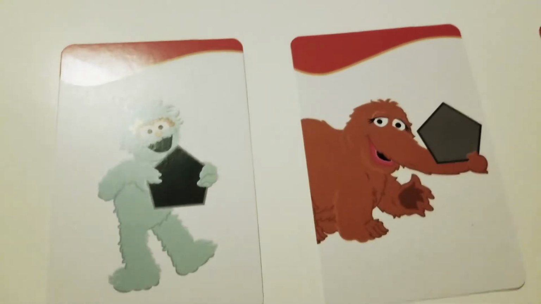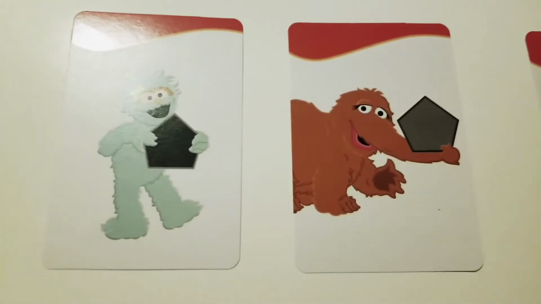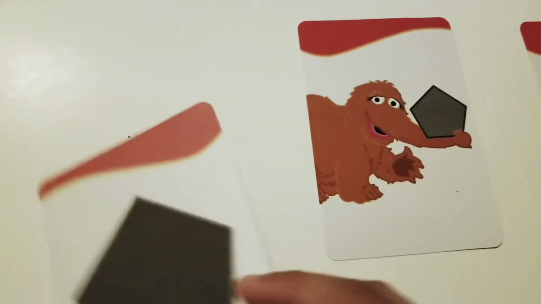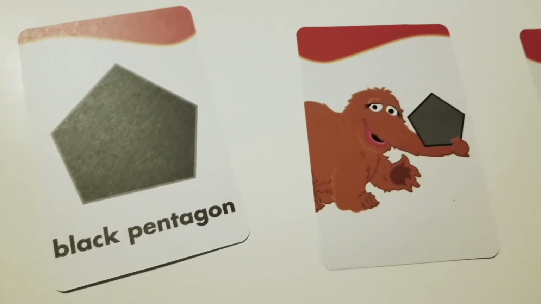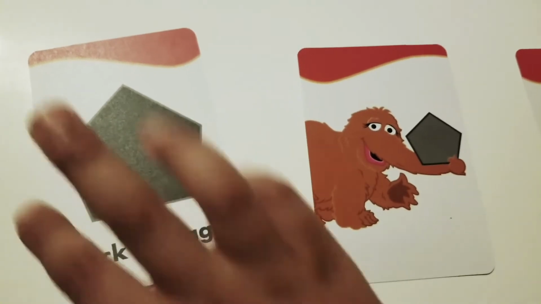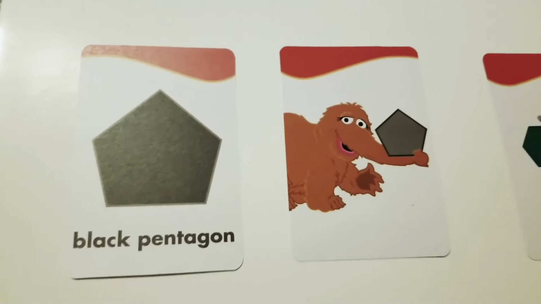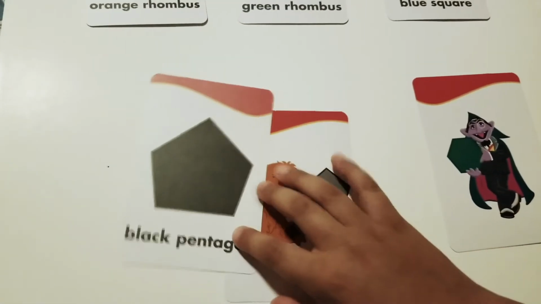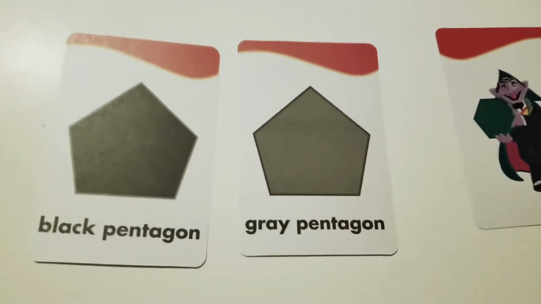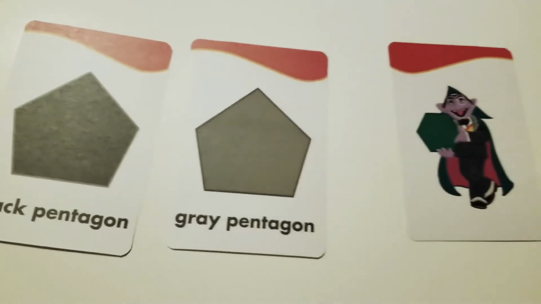What are these colors and shapes? I can't wait to see. That's a black pentagon. Black in Hindi is kala. Black, kala. And that's a grey pentagon. Grey in Hindi is sileti.